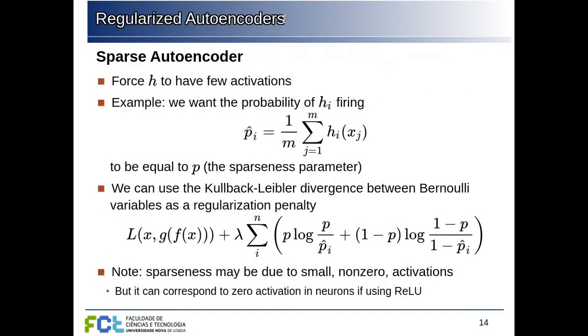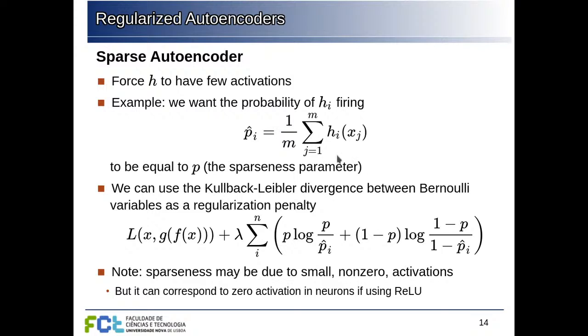For example, in a sparse autoencoder, we can force the hidden representation to have a small number of activations for each example. So we can estimate the probability of some neuron being activated by an example by just using the average over a batch of m examples.